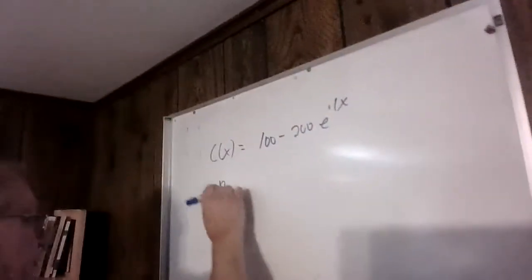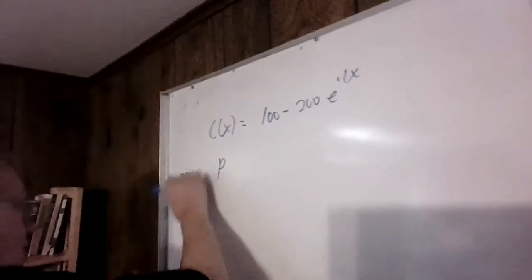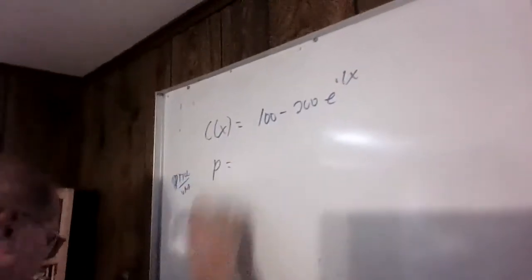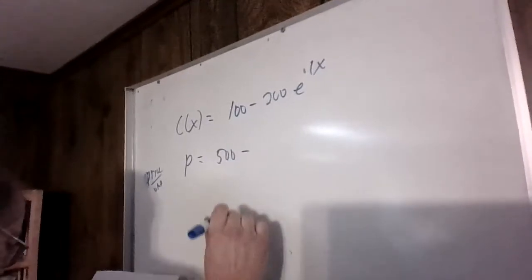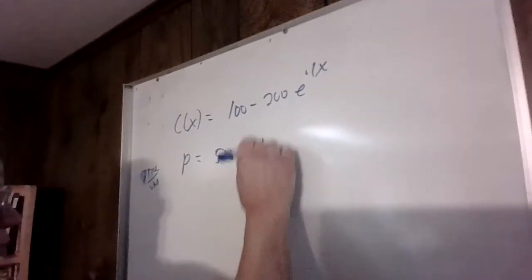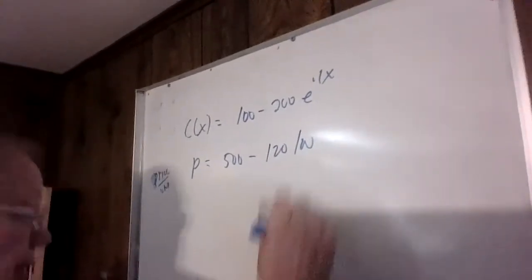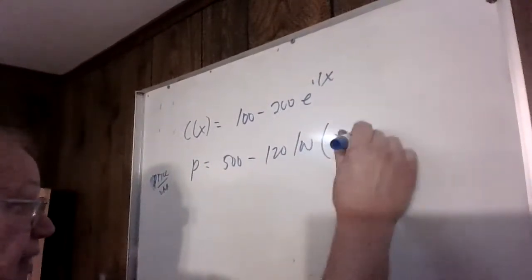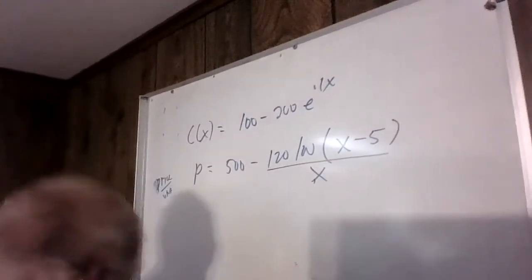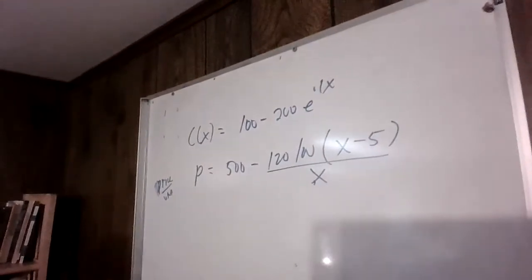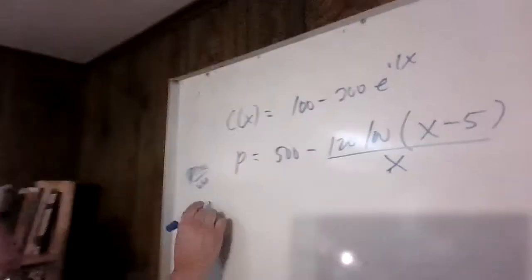Now its price per unit is given as 500 minus 120 natural log of x minus 5 over x. What do you want to find here? Okay. A, find the revenue.